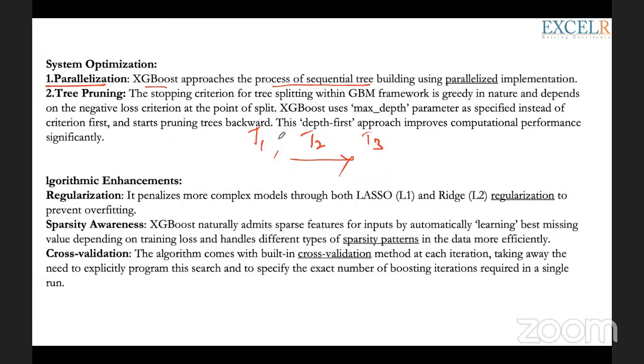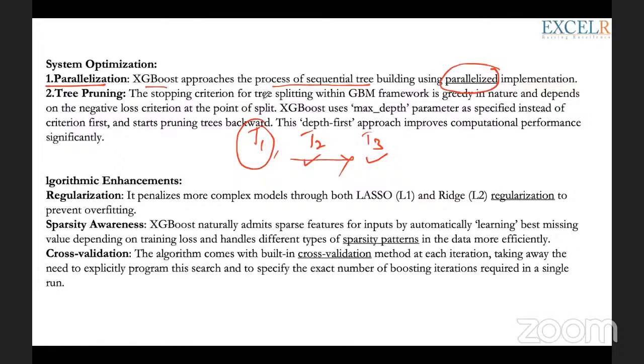But while it follows a sequential approach, it also implements parallelization of the decision trees. What it does is build tree 1 partially, and in parallel it also builds tree 2 or tree 3, and then it optimizes tree 1, then goes for tree 2 or tree 3.